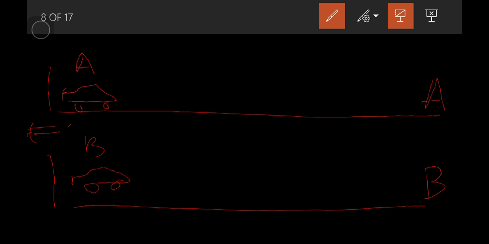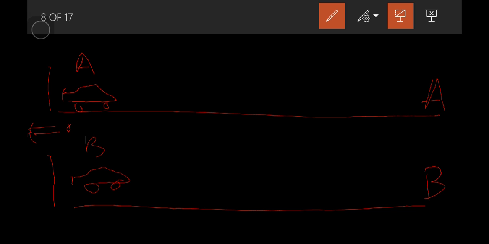At t equal to 0 they start at the same time, but the speeds of the cars are different.